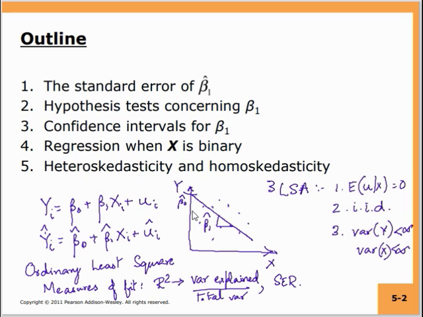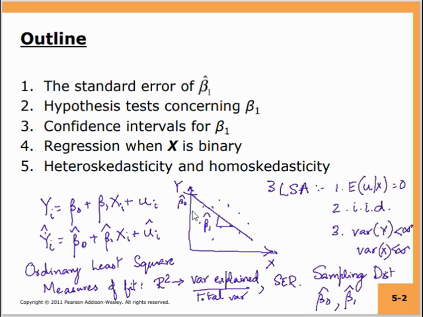Under these least squares assumptions, we introduced the idea of the sampling distribution for the estimated parameters beta 0 hat and beta 1 hat. When we talk of sampling distribution, we introduce the idea that for this particular sample we have estimated a particular value of beta 0 hat and beta 1 hat, but had we taken a different sample, we might have arrived at different estimated values.